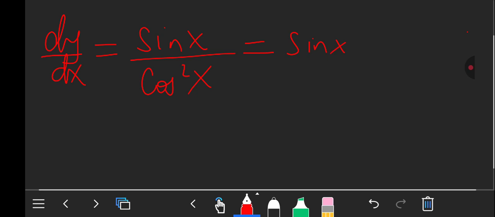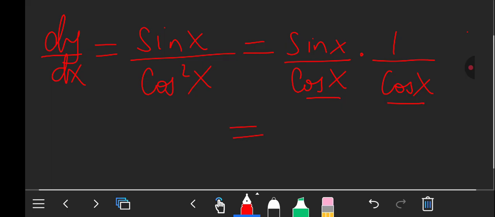Since we have cos square x, I'll expand this. I'll say sin x over cos x, then multiplied by 1 over cos x. I haven't changed anything because 1 times sin x will still give us sin x, and cos x multiplied by cos x will still get us back to cos square x.